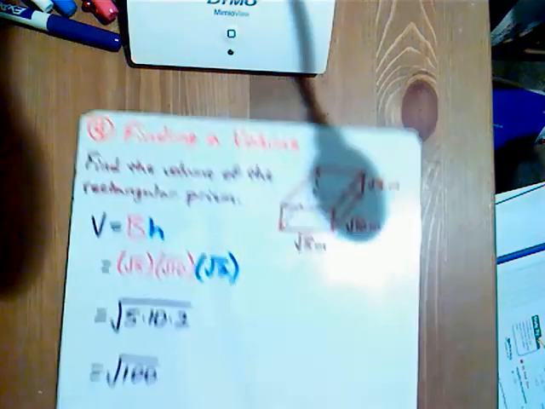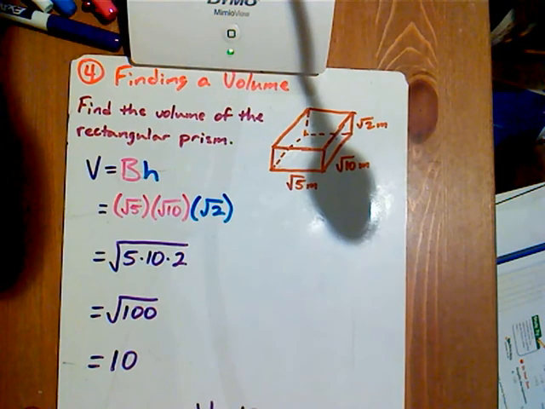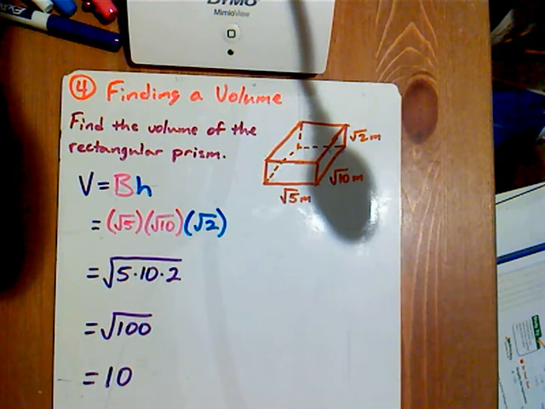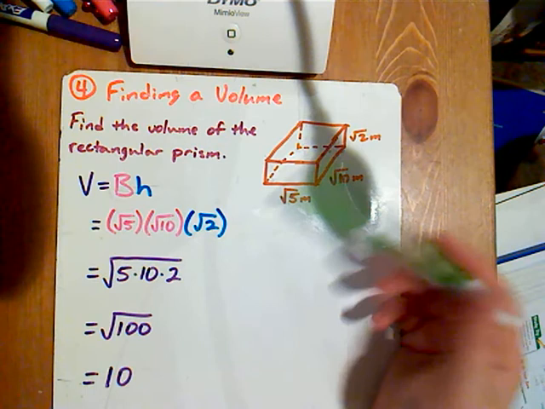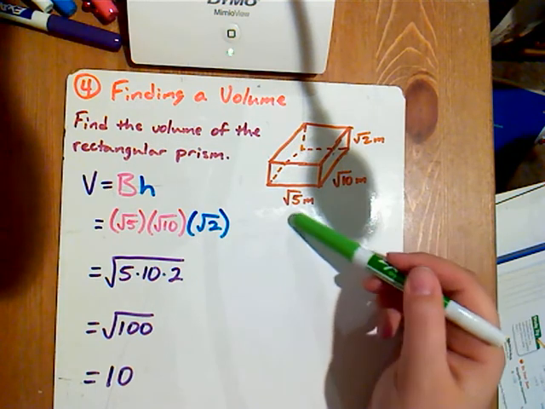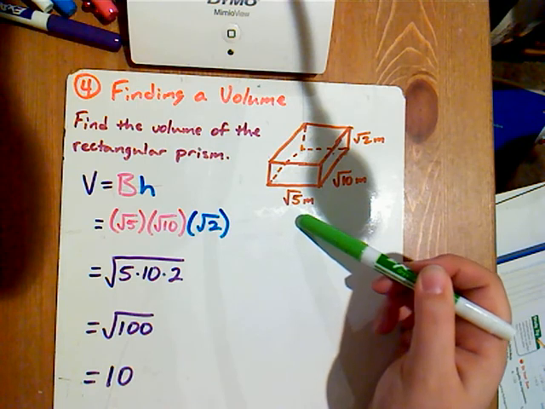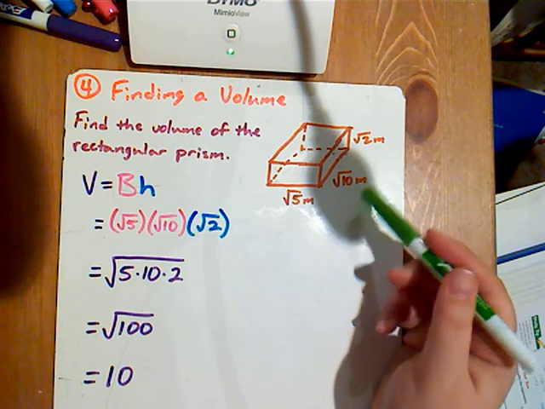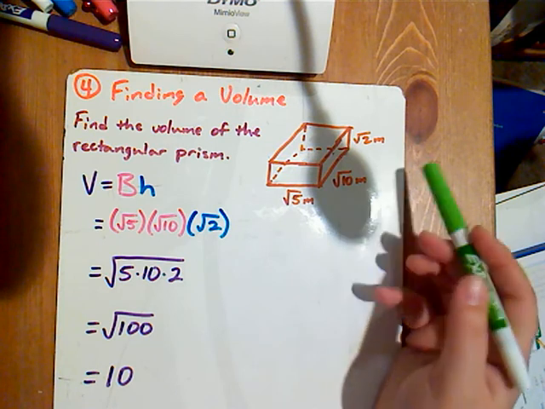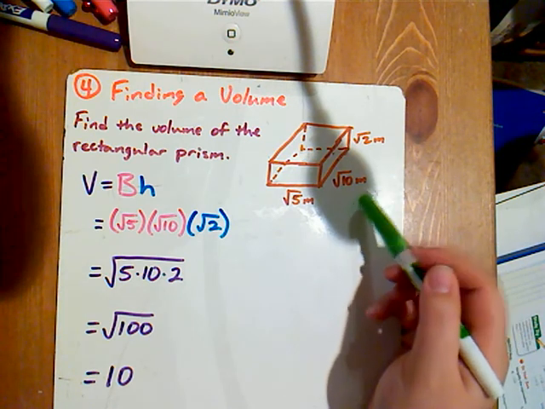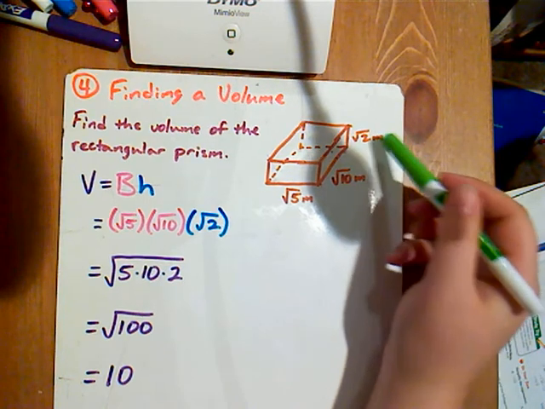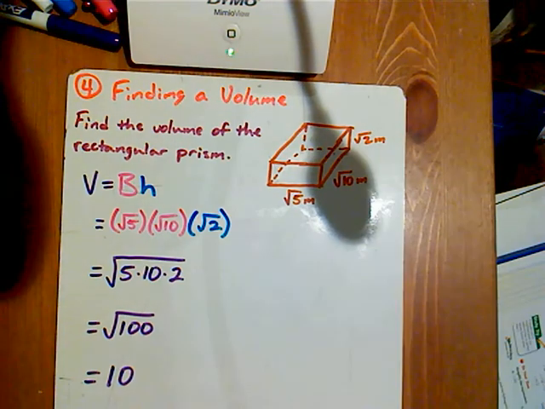We're going to see these in practice with an example for finding volume. This question wants us to find the volume of the rectangular prism. Our rectangular prism has a length of square root of 5 meters, a width of square root of 10 meters, and a height of square root of 2 meters.